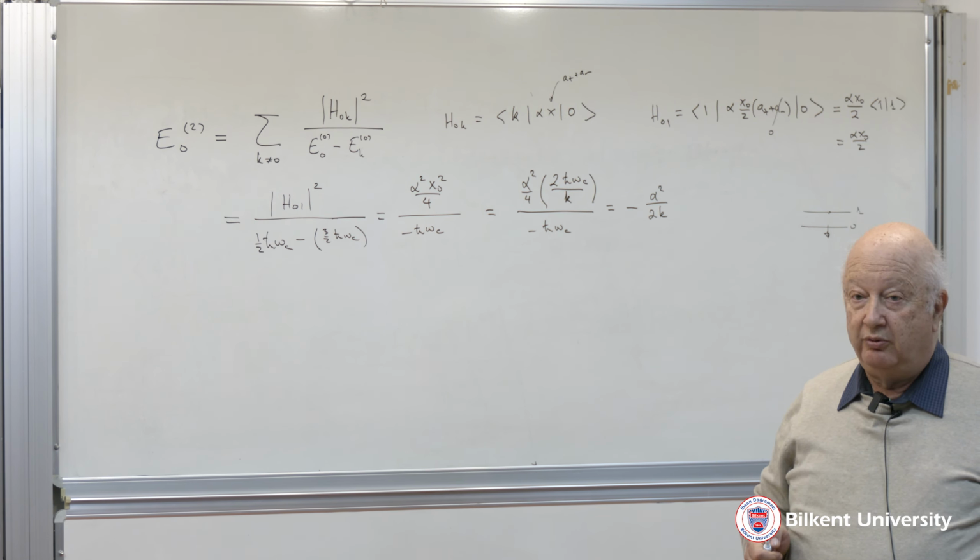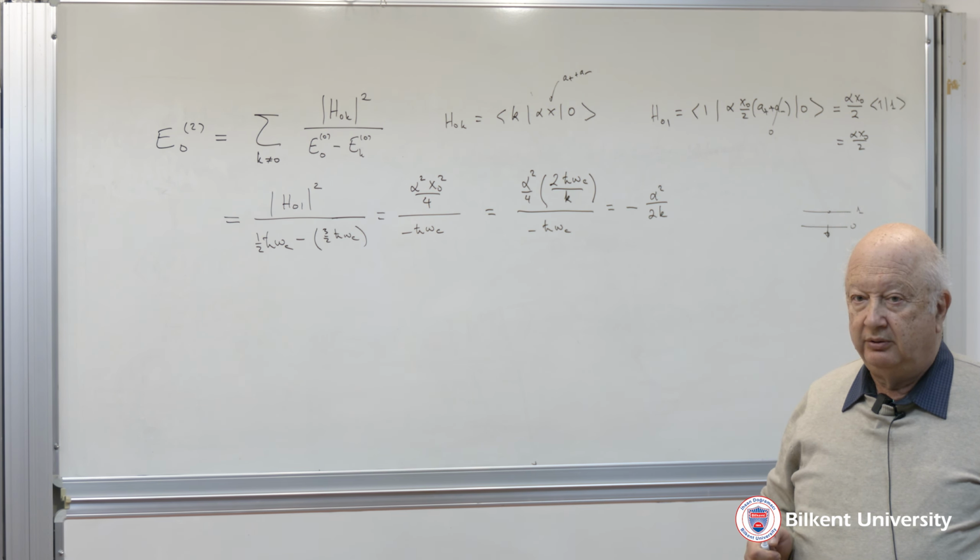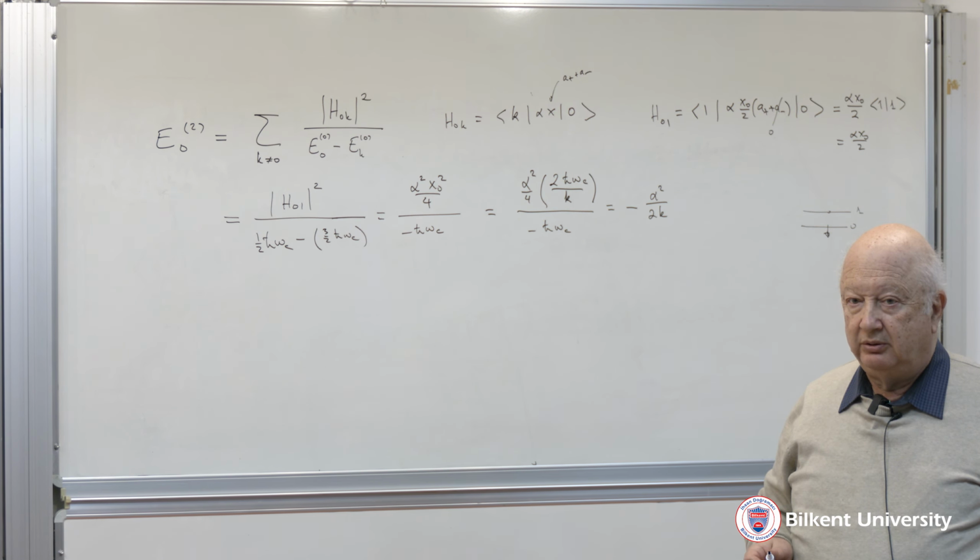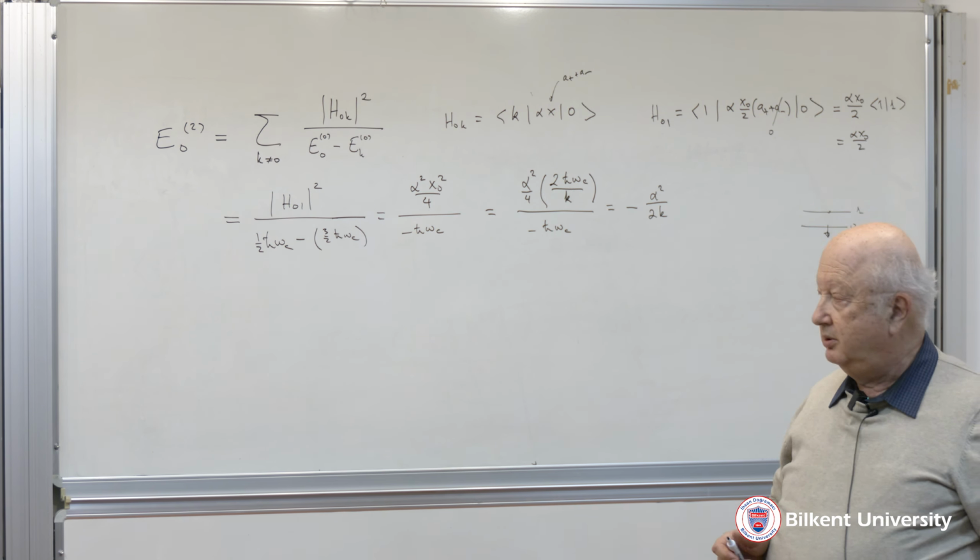You are finding 0? Because A plus and A minus are both giving square root of n, and when you do the calculation, one gives plus and one gives minus, and they go to the same amount.